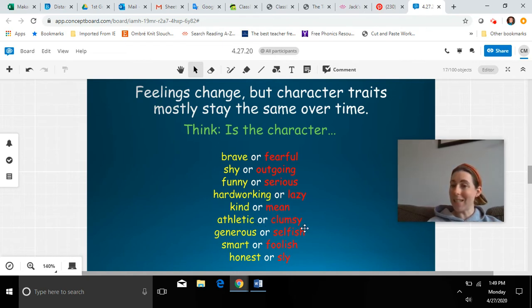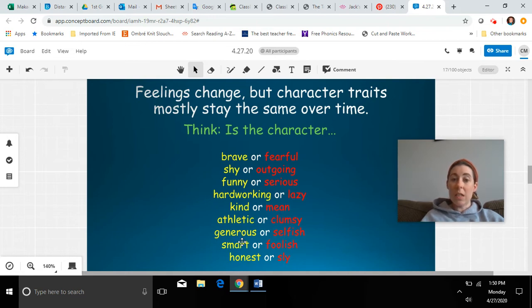Someone who is clumsy is not those things. Is someone generous or selfish? Generous means you like to share. Okay, you're always sharing your things. You're giving things to friends. Someone who's selfish likes to keep everything for themselves.